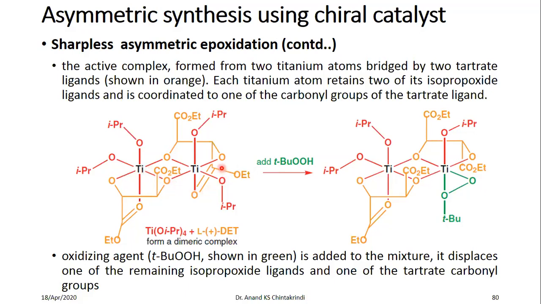Now when you add tertiary butyl hydroperoxide, it replaces one of the isopropoxy groups here. The oxidizing agent, shown in green, is added to the mixture. It displaces one of the remaining isopropoxide ligands and one of the tartrate carbonyls here.